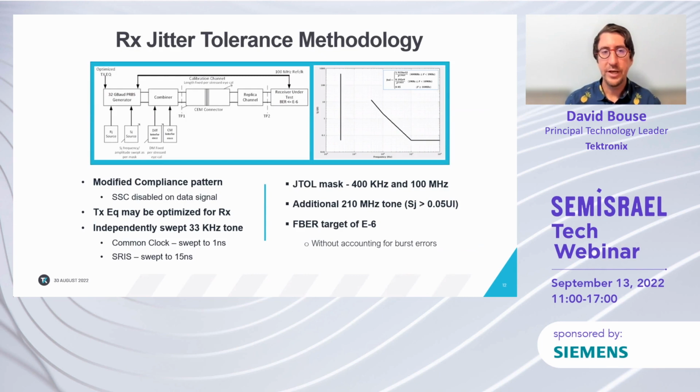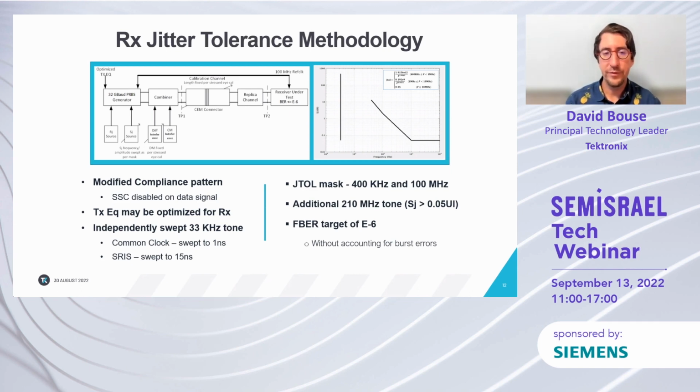So next we'll look at receiver jitter tolerance methodology, and this is once we move from calibration to test, right? So now we take the BERT and we connect it to the DUT's receiver, and then we take the transmitter of the DUT and we connect it back up to the error detector.